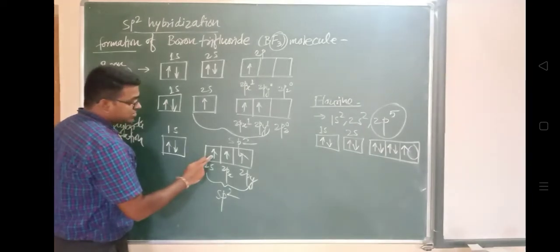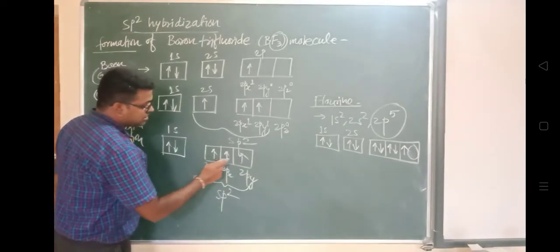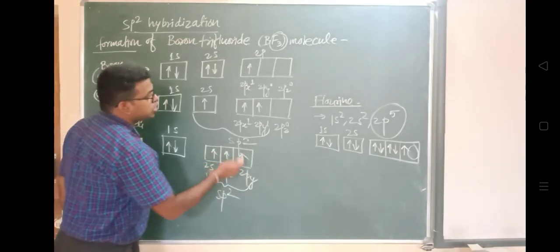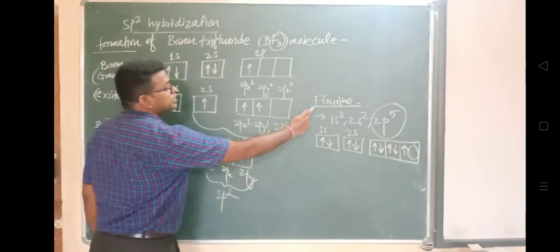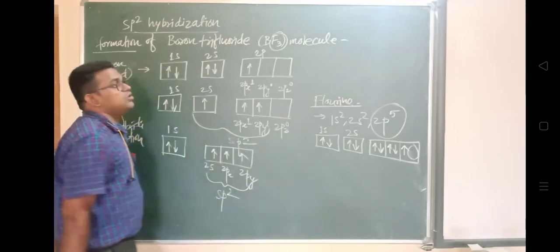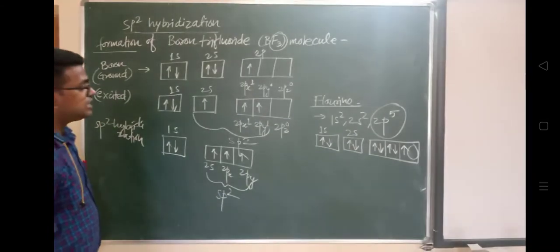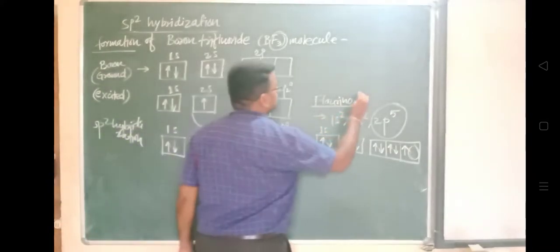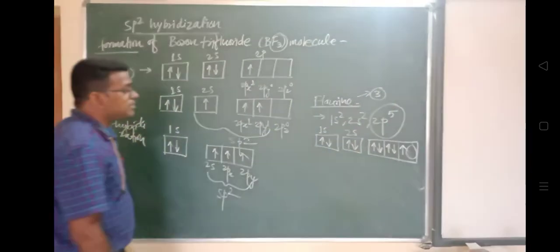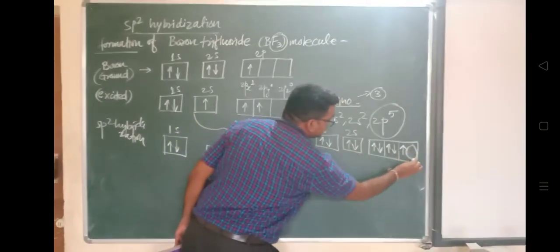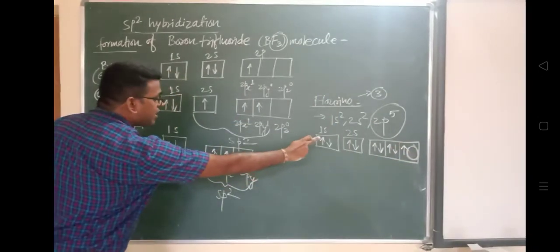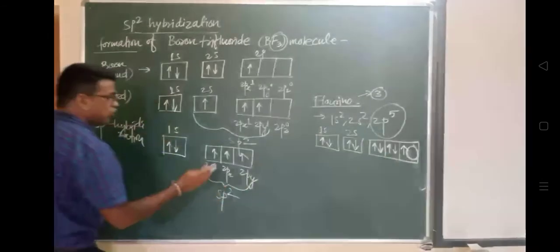You can see here, this is the 2px orbital, this is the 2py orbital, and this is the 2pz orbital, out of which the 2pz orbital is half filled, and this half filled orbital will merge with the hybridized orbital to form a covalent bond between boron and fluorine atom. It will form a sigma bond. The orbital of the fluorine atom contains an electron with opposite spin to form a B-F sigma bond.